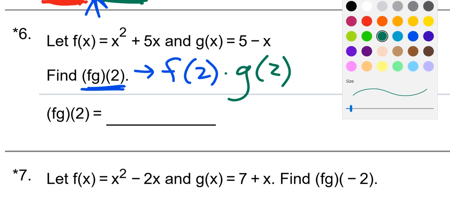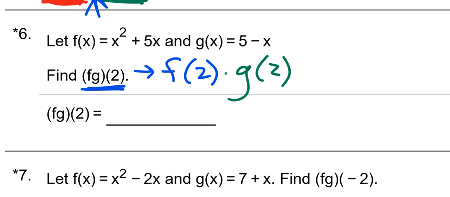I would like you to figure out the blue part separate from the green part, and then multiply them at the end. So find the blue part first, find the green part second, then multiply them together. Try that and see what you get.